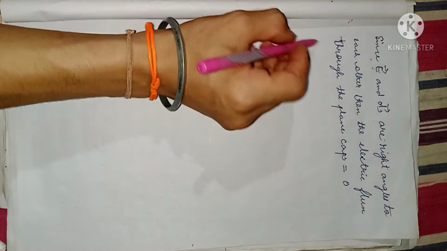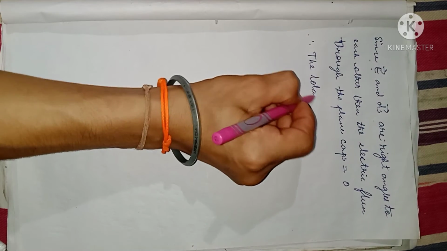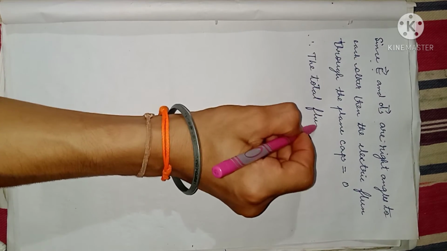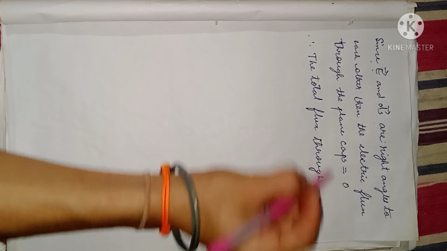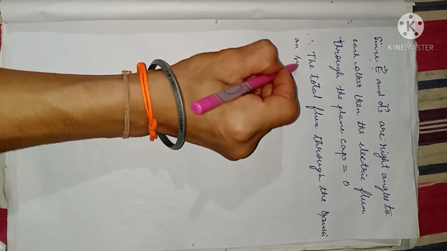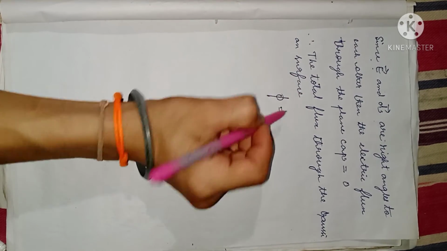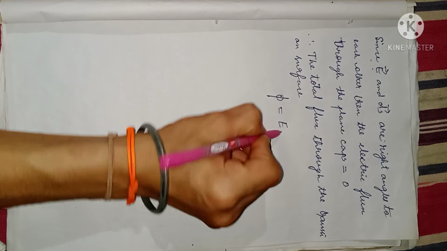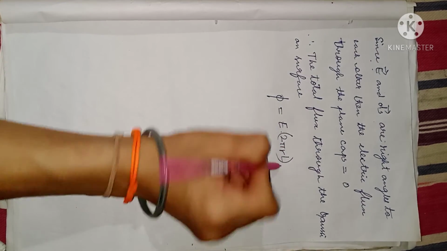Therefore the total flux through the Gaussian surface phi is equal to E into 2 pi r l.